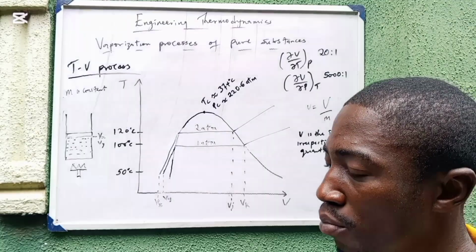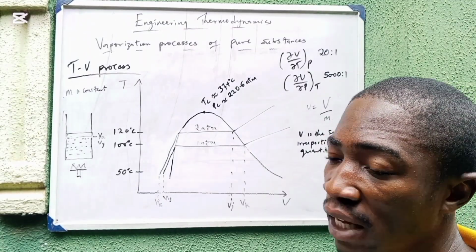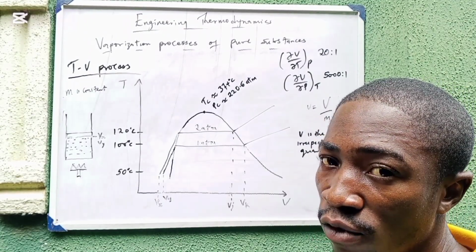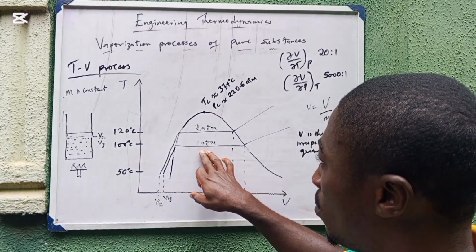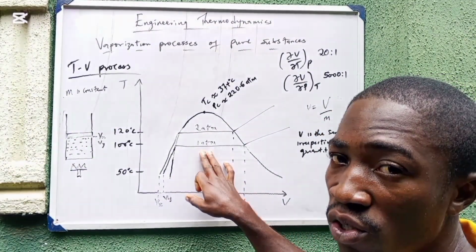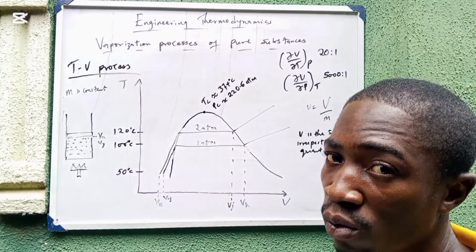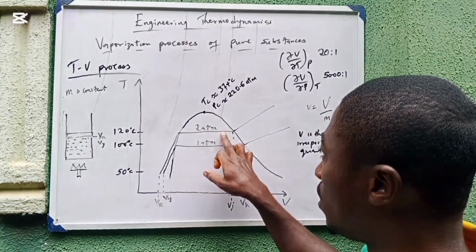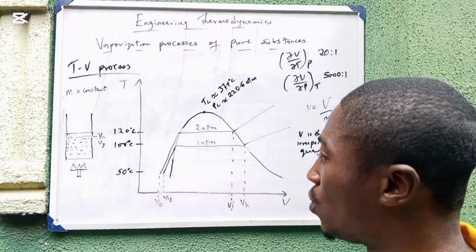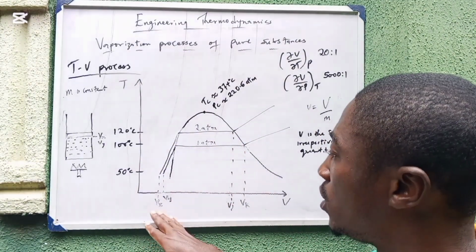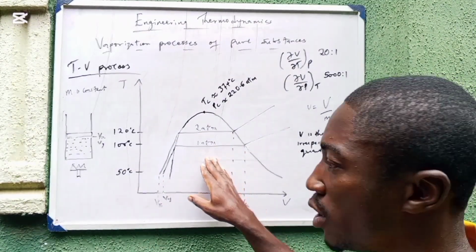So when there is higher pressure, volume reduces. And when there is lower pressure, volume does what? Increases. So in the case of 1 atm, the pressure is lower, which means that the volume will be what? Greater. Then here the pressure is what? Greater, which means that the volume will be what? Lower. So our initial volume will depend on the pressure we are working with.